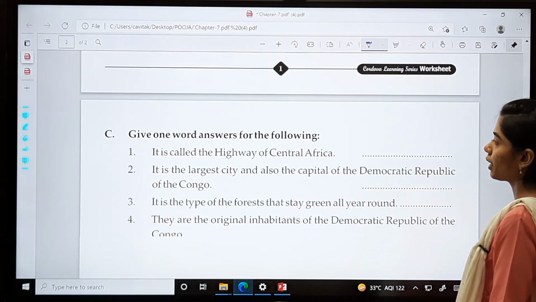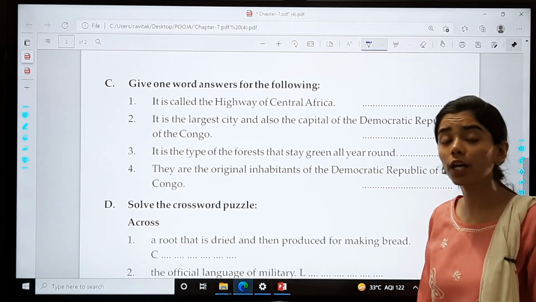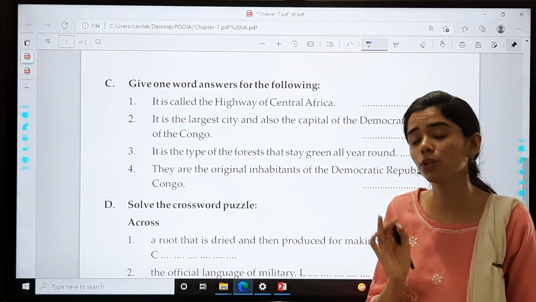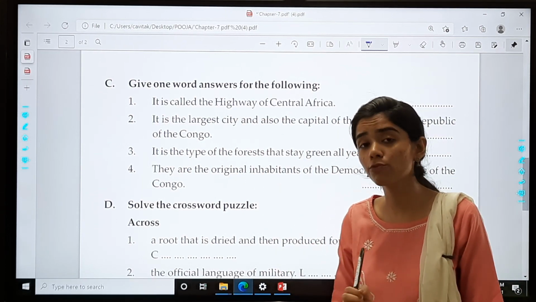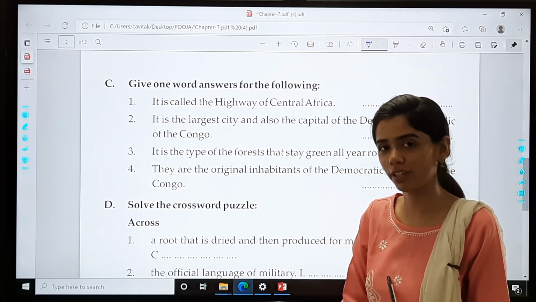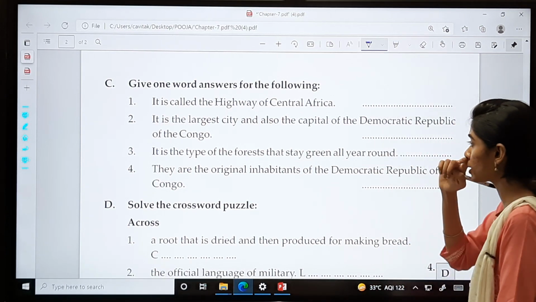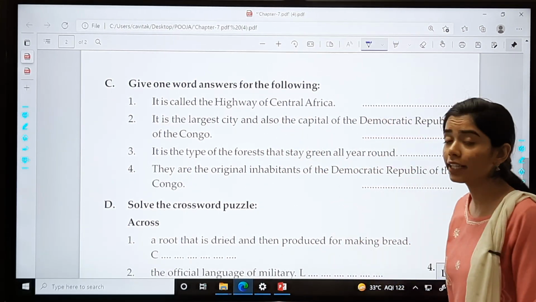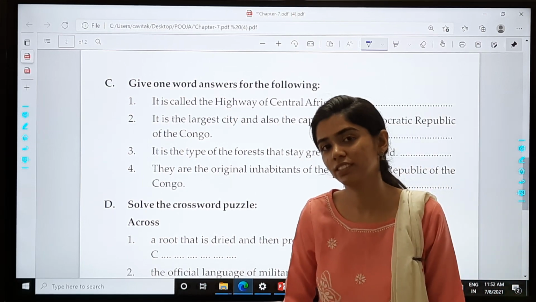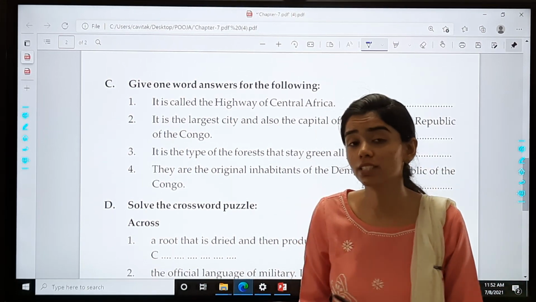Then the next one is give one word answers of the following. That means a question is given and you have to give your answer in one word. Okay, see. It is called the Highway of Central Africa. What is it? We have discussed.